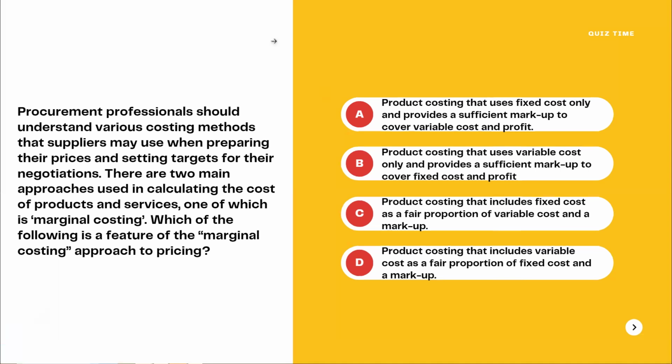Okay, for this one, the answers are quite divided. For this kind of question, I think the hardest part is not really about the knowledge. You already know about marginal costing, but sometimes the wording of the question and the options is quite confusing.